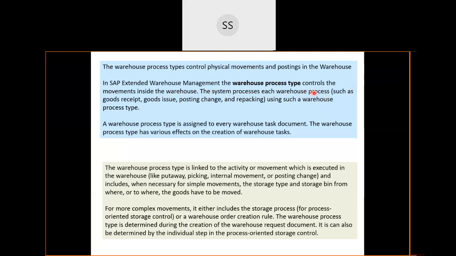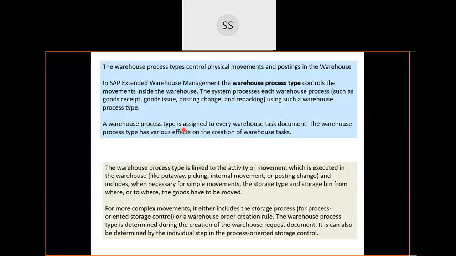What are the warehouse processes? Like goods received, goods issue, posting change, repacking, inbound process, outbound process, internal process. All of these processes are based on or use a warehouse process type.